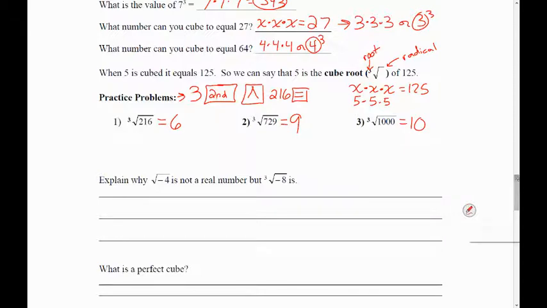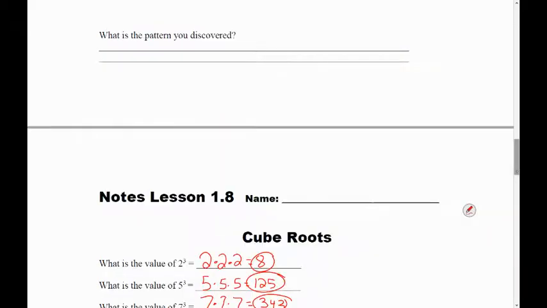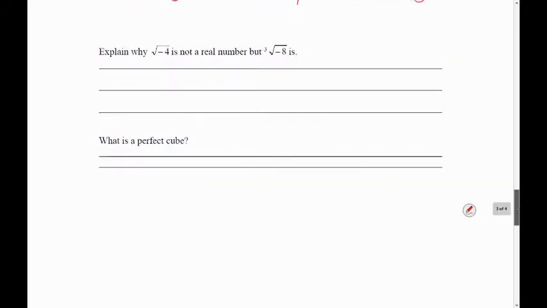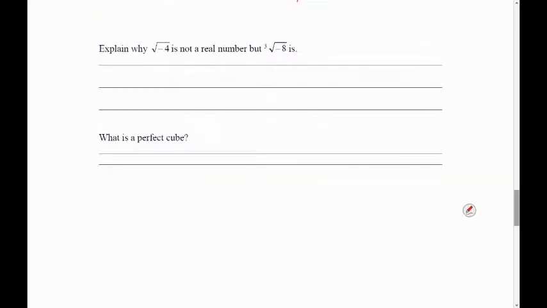All right, now we have something interesting that happens with square roots and cube roots. It says explain why the square root of -4 is not a real number, but the cube root of -8 is. Remember we talked about this on the first page, that this is no solution. It cannot happen.